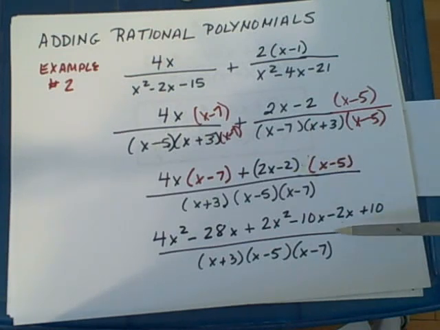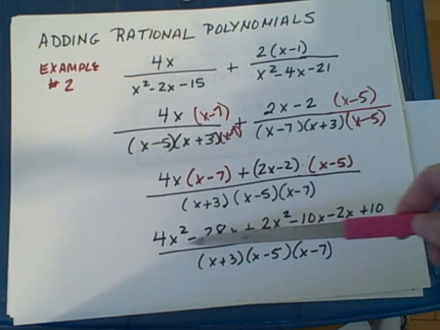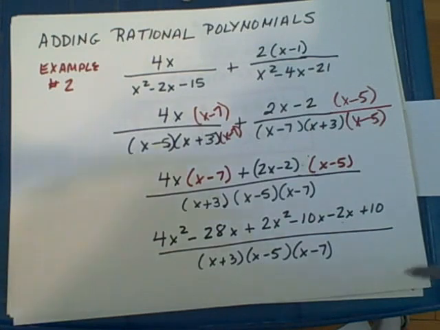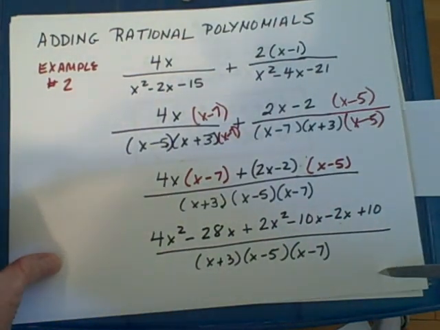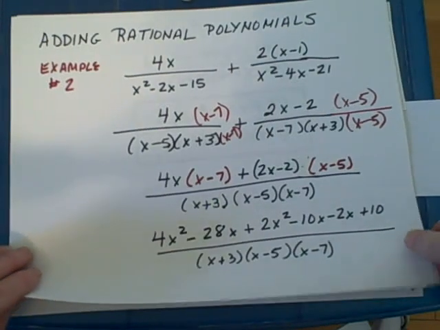Negative 2 times x gives me negative 2x. And negative 2 times negative 5 gives me positive 10. Now this is a huge long expression here, but of course we're going to combine our like terms, which will help us get a better answer.